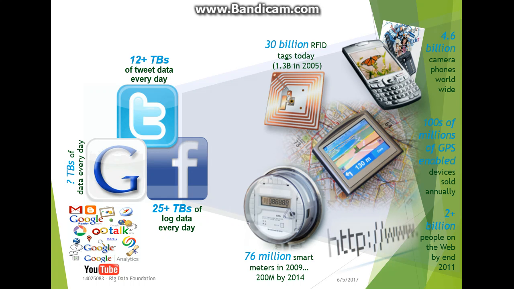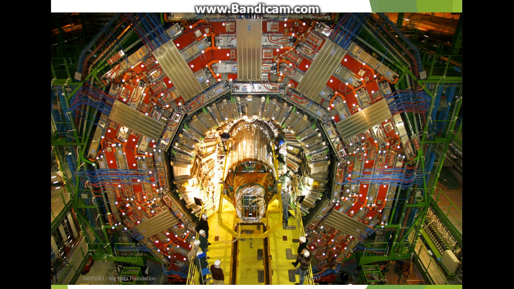We also have 30 billion RFID tags today, 4.5 billion camera phones worldwide, hundreds of millions of GPS devices, 2 billion people on the web by the end of 2011, and more than 76 million smart meters. These are huge numbers of devices, and they generate huge amounts of data.